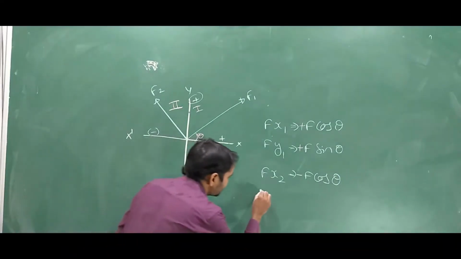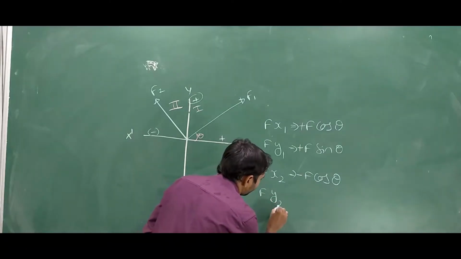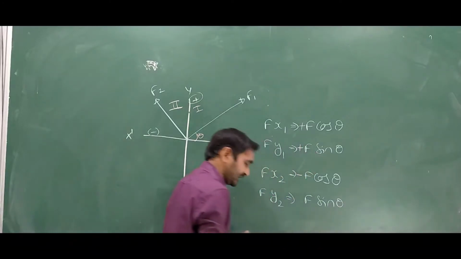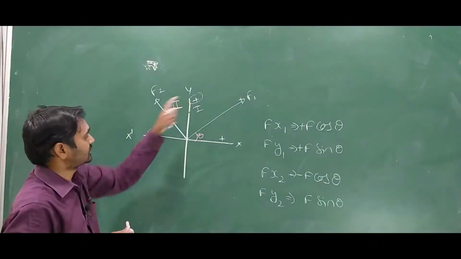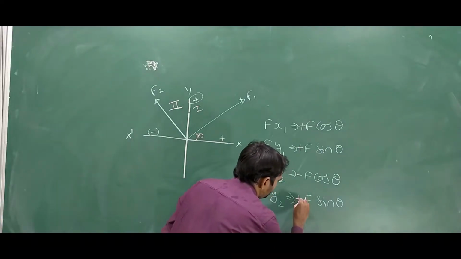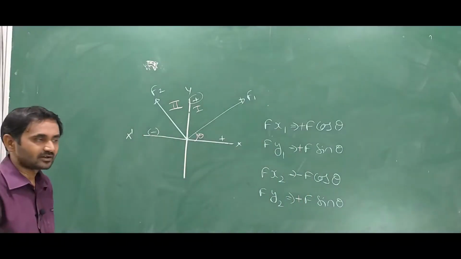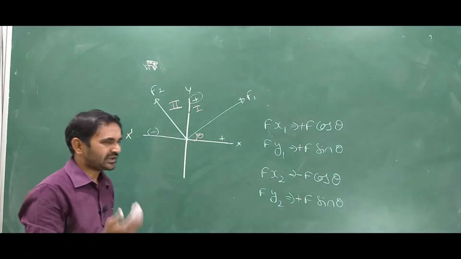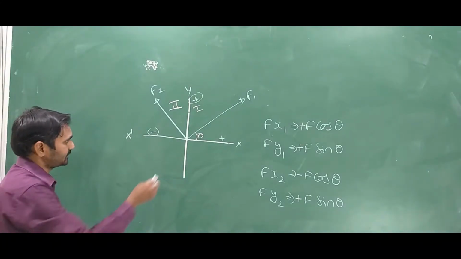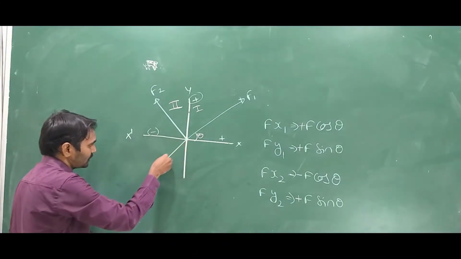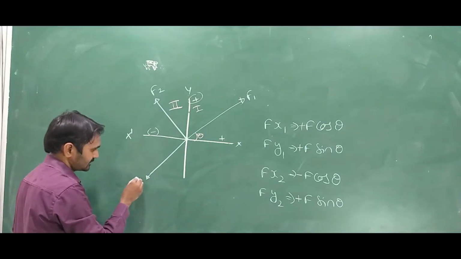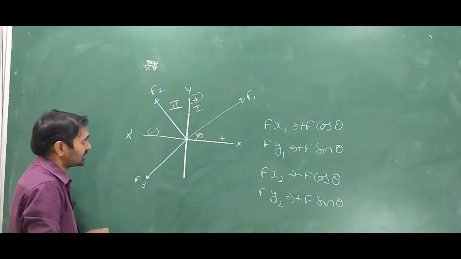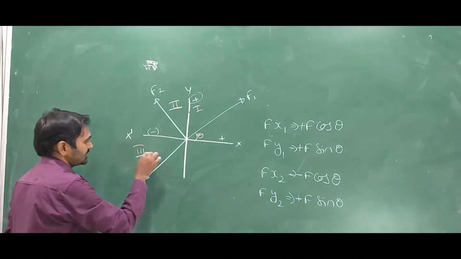And similarly, Fy2 is equal to F sin theta, and it will be in the positive direction. So you got the second coordinate also. When you move on to the third coordinate, for example, if I draw one more force over here, so this is F3. This is the third coordinate.